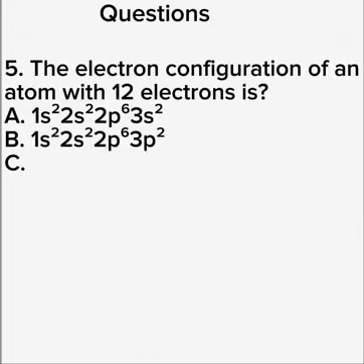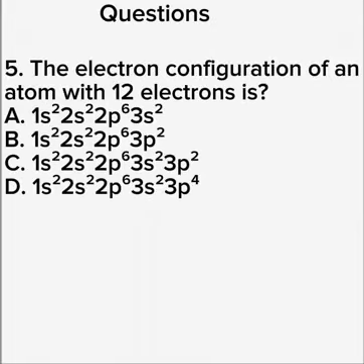Question number 5. The electron configuration of an atom with 12 electrons is A. 1s superscript 2, 2s superscript 2, 2p, 3s superscript 2. B. 1s superscript 2, 2s superscript 2, 2p, 3p superscript 2.